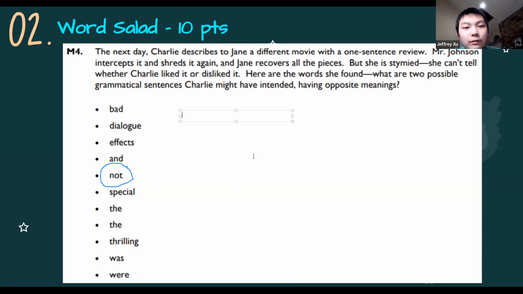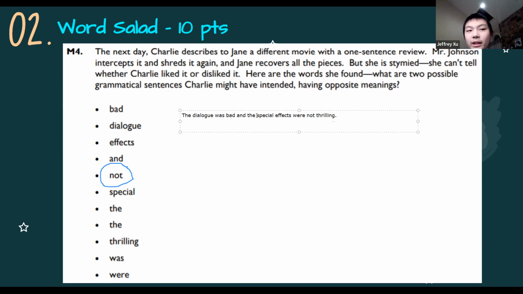So if we just put this together, then one way we can write it is "the dialogue was bad and the special effects were not thrilling." And you'll see in this case, both the dialogue and the special effects have a negative connotation attached to them, which would suggest that he did not like the movie.